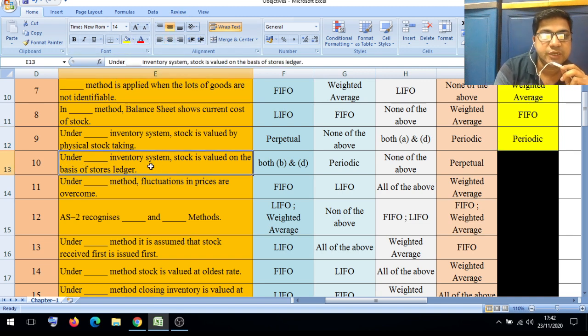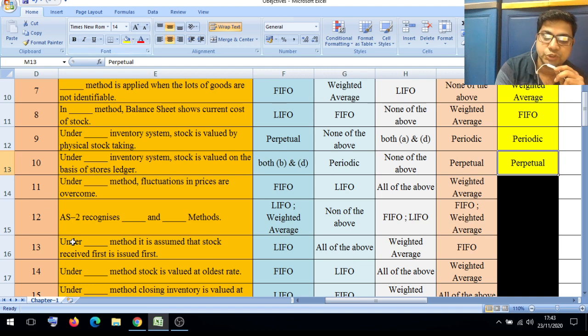Under dash inventory system, stock is valued on the basis of the storage ledger. B and D means B is periodical, D is perpetual. The answer is perpetual.